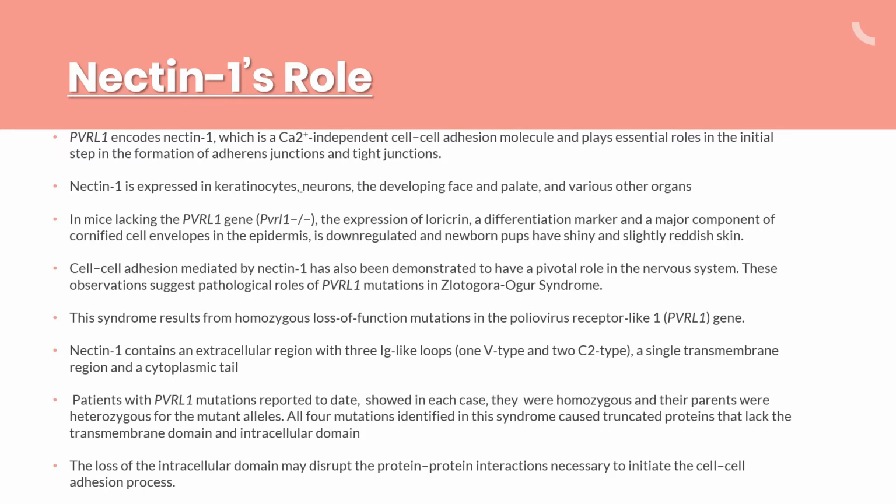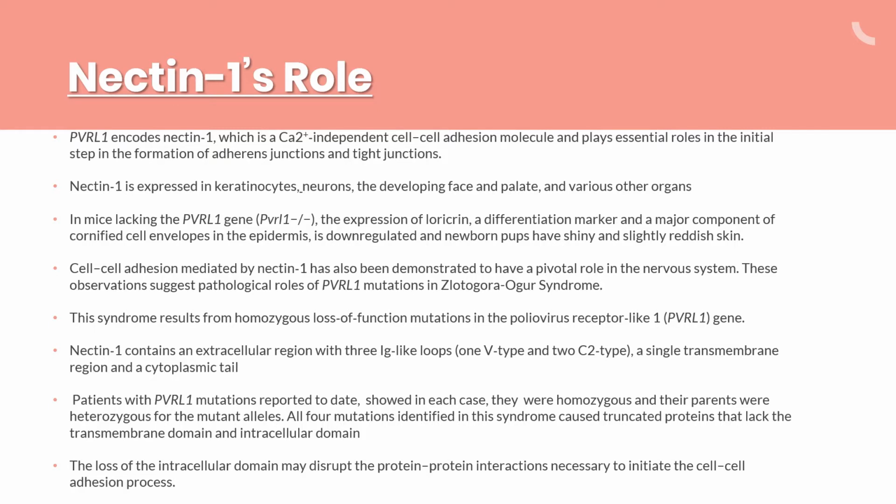In mice that lack the PVRL1 gene, we see a downregulation of loricrin, a differentiation marker that is a major component of the cornified cell envelopes in the epidermis, and the newborn pups end up having shiny and slightly reddish skin. Cell-to-cell adhesion mediated by nectin 1 has also been demonstrated to have a pivotal role in the nervous system. These observations suggest pathological roles of PVRL1 mutations that could possibly occur in Zlotogora-Ogur syndrome.